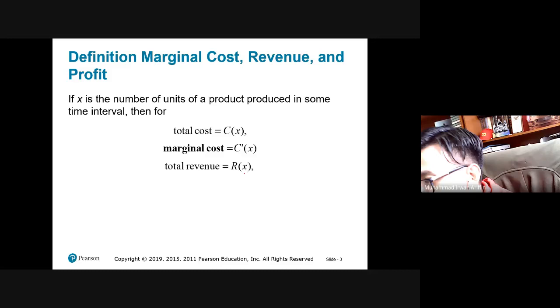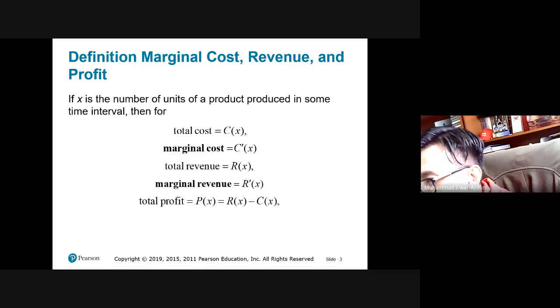If x goes up, our revenue is also expected to go up. Marginal revenue is written as R prime of x: the change in revenue when x changes. Total profit is revenue minus cost. This gives us profit P of x, which also depends on x, the input. So marginal profit is written like this.